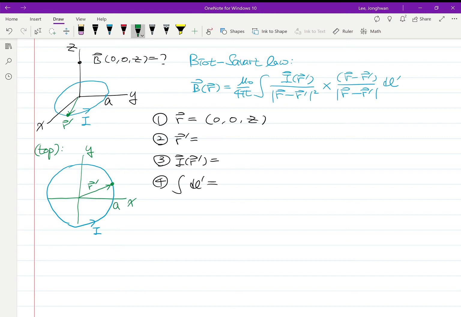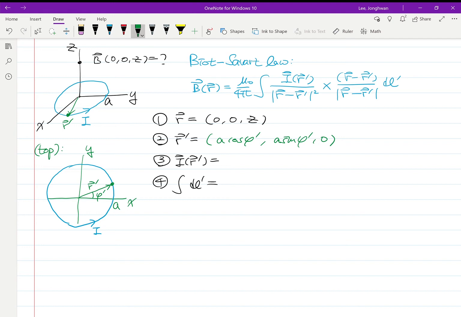This source point can be expressed easily using the angle phi prime. So r prime will become, the radius is a, so a cos phi prime, a sin phi prime. r prime is always on the xy plane, so its z component equals 0.